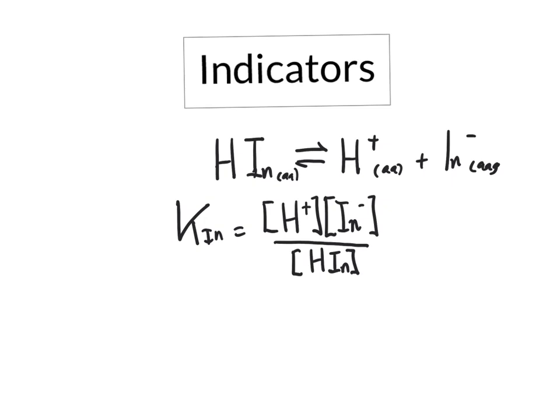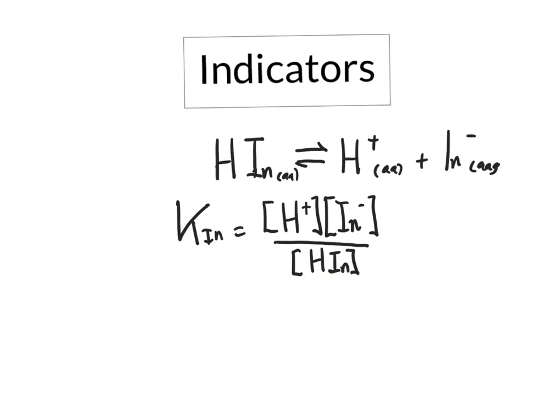So if we look at the indicator, the protonated form of the indicator is HIn, and the indicator in base, having released its protons, changes colour. Therefore, if we were to write an equilibrium expression for the indicator, at the point at which half of the indicator is dissociated, and that is what we call the end point of the indicator, then the concentration of the undissociated indicator is equal to the concentration of the dissociated indicator.